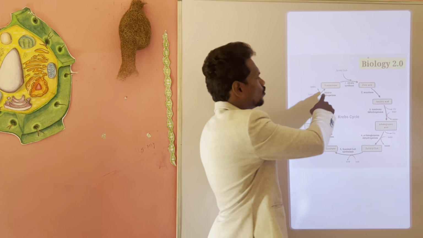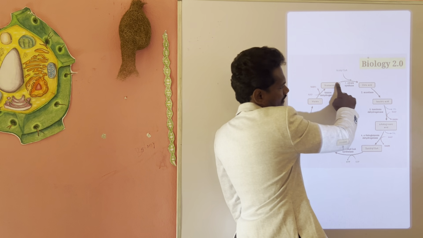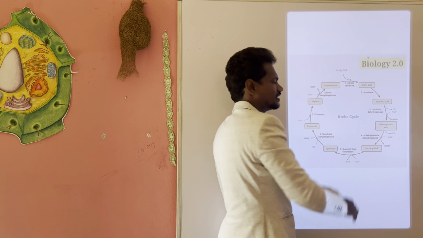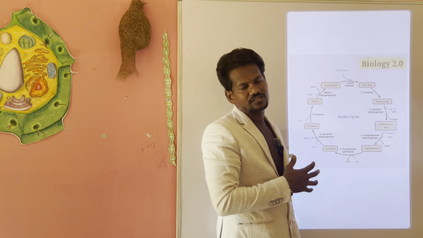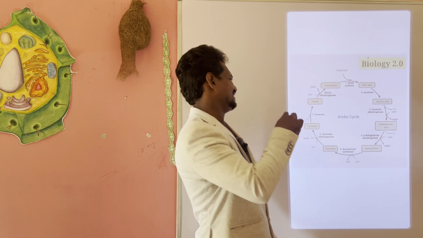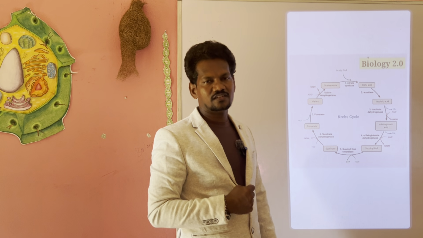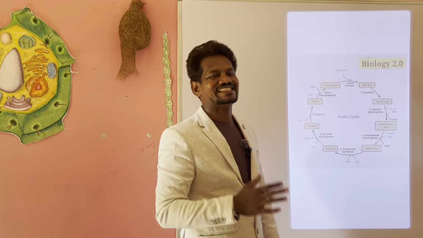Then again this OAA combines with one more acetyl CoA and forms citric acid, and vice versa. The cycle will be repeated. All these reactions or steps that take place in the cycle are known as the Krebs cycle, Hans Krebs cycle, TCA cycle, or tricarboxylic acid cycle.